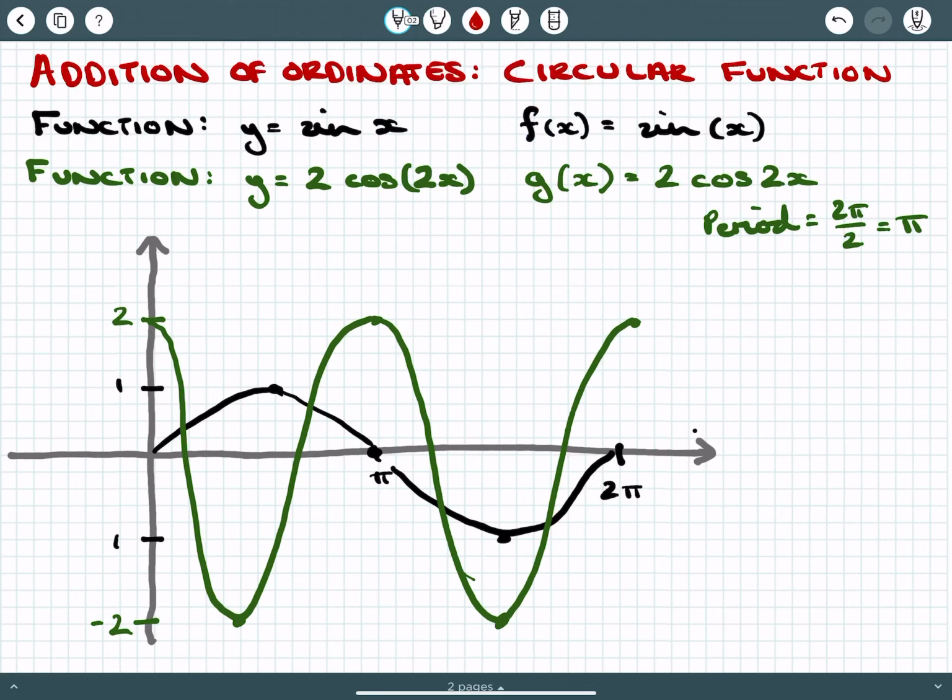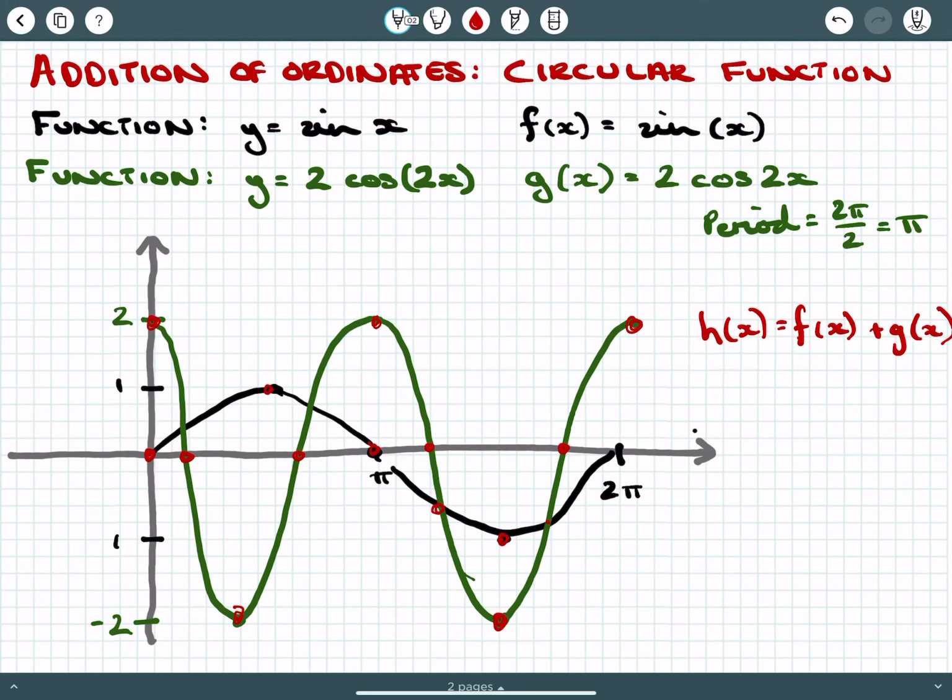Now we're going to say that h(x) equals f(x) plus g(x), and I'm really going to focus on points such as here, here, here, here, here and here. The reason why I'm looking for maximums and minimums is because they're easy to ascertain.